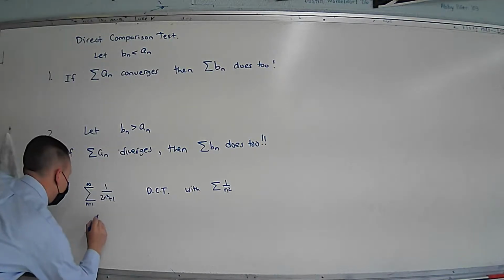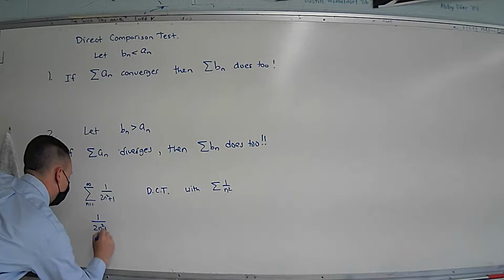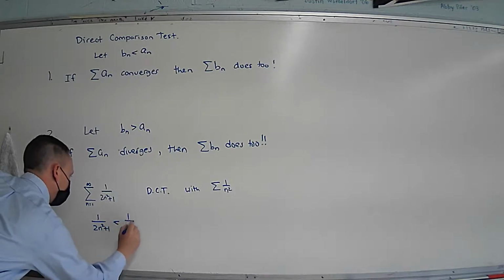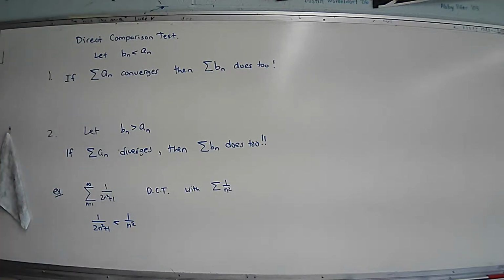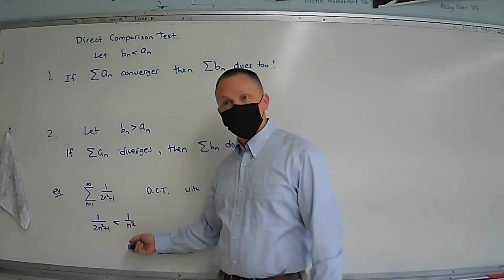Okay? So I'm going to say, is one over 2n squared plus 1 less than one over n squared? Is that true? Now, if you understand how algebra works and how numbers work, you might be able to answer that question really easily. Because you're comparing two fractions, basically, right? The numerators are the same. The denominator of the first one is actually bigger than the denominator of the second one.